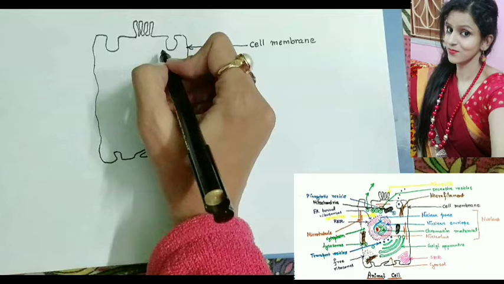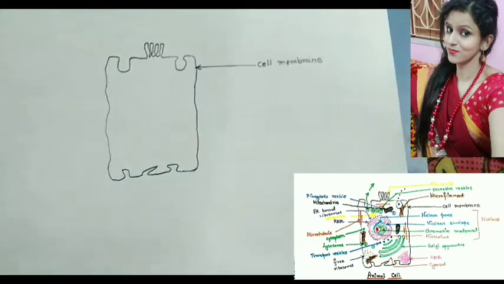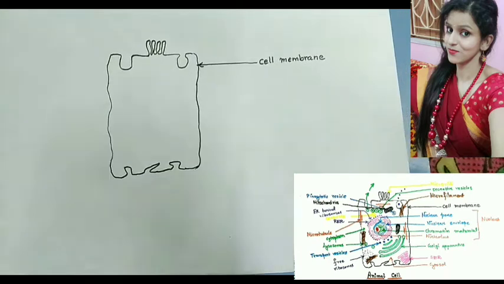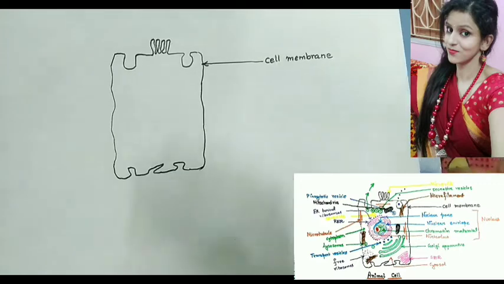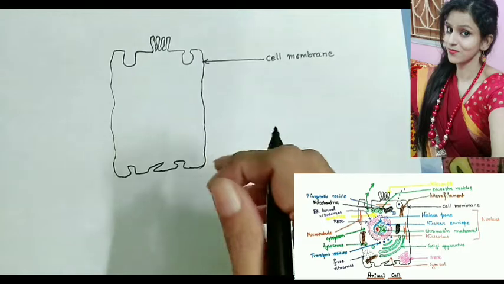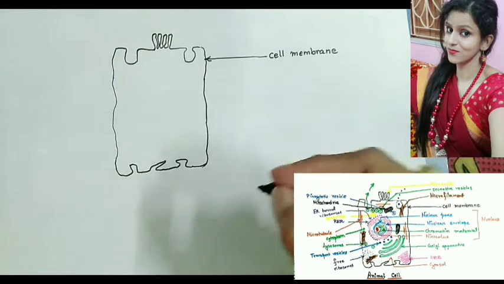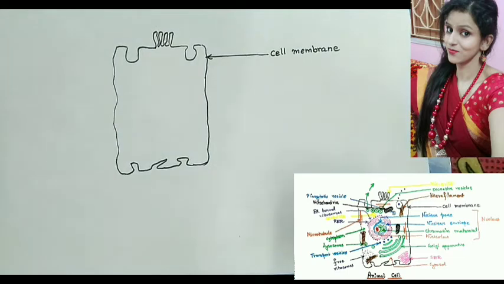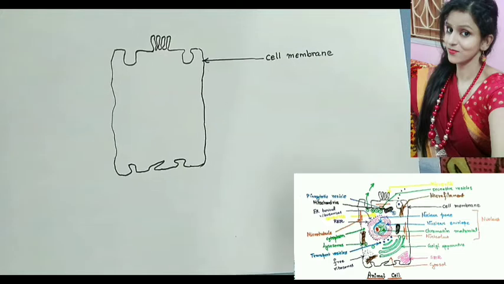These cuts are actually meant for the process of endocytosis and exocytosis. That is, if any substance wants to go outside the cell, then with the help of this portion it can easily go outside the cell, and if any substance wants to enter the cell, then that is also done through this portion. I hope it is clear to you.